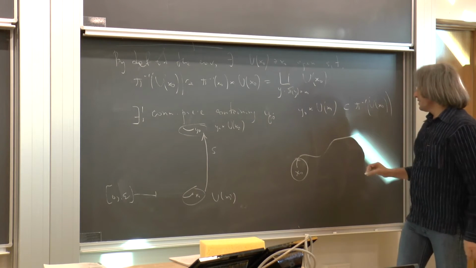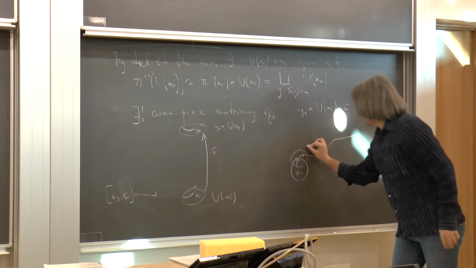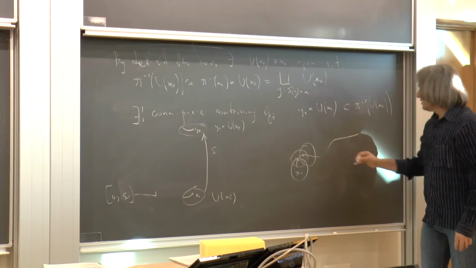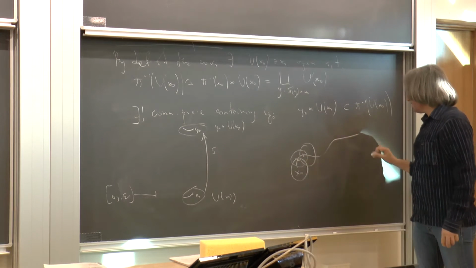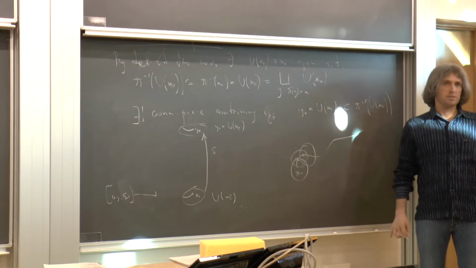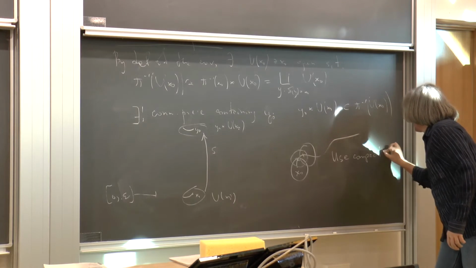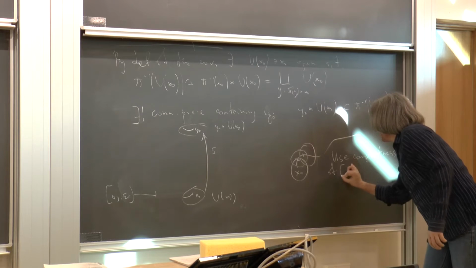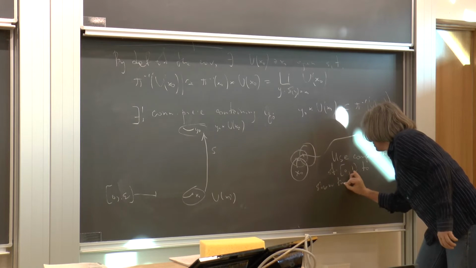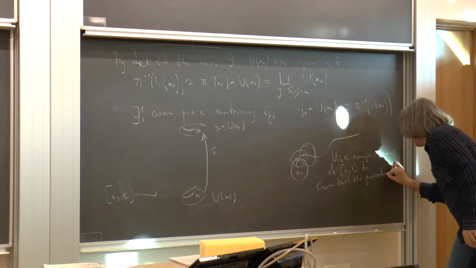Then I choose the next point, and I lift the path in some neighborhood of it. Then I choose the next point, and I lift the path here. I proceed, and going all the way, I use compactness of the interval to prove that you can do it in infinitely many steps. So use compactness of [0, 1] to show that the procedure ends. The procedure is fine.